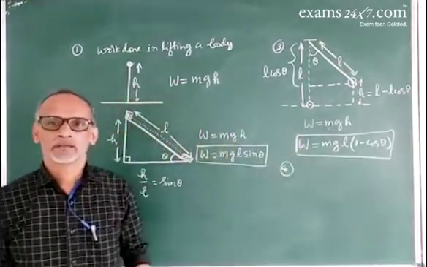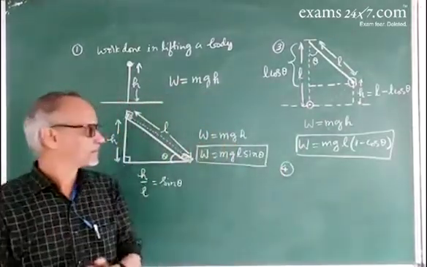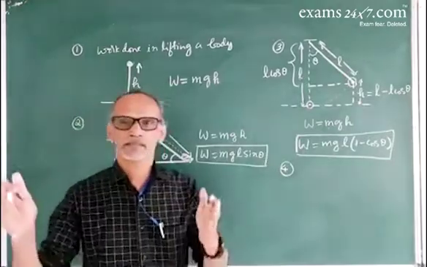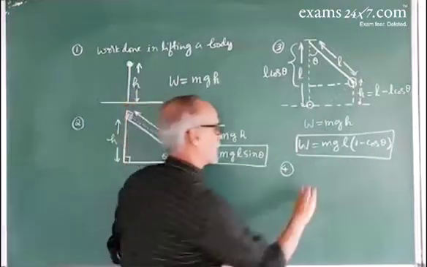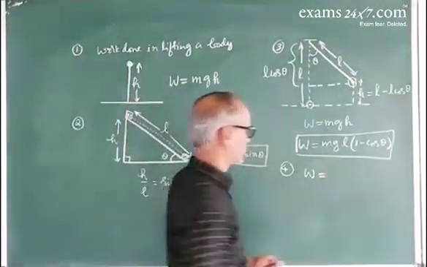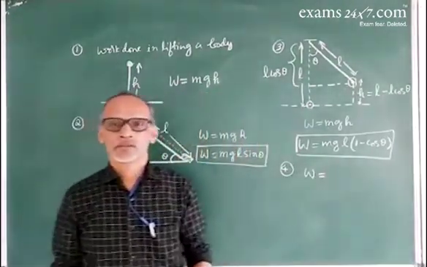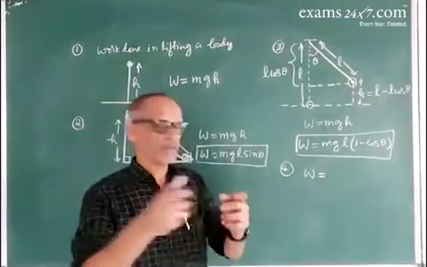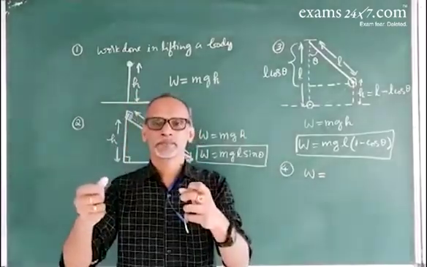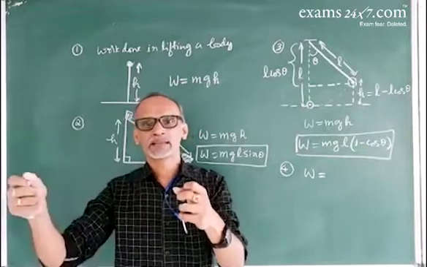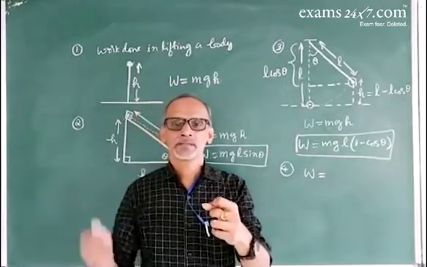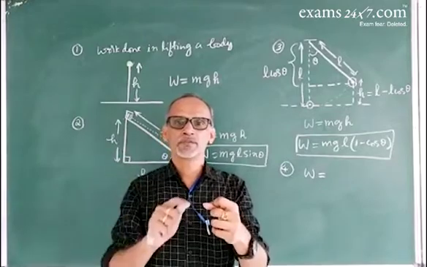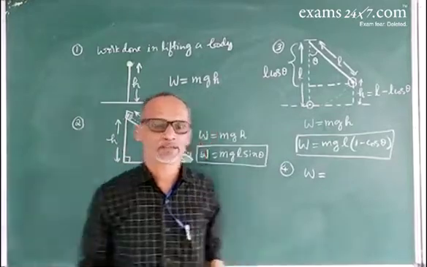Next, if we take a spring, when the spring is compressed or elongated, we have to do the work. When we apply a force on the spring, the force applied and the displacement are in the same direction, whereas the restoring force and the displacement are in opposite directions.